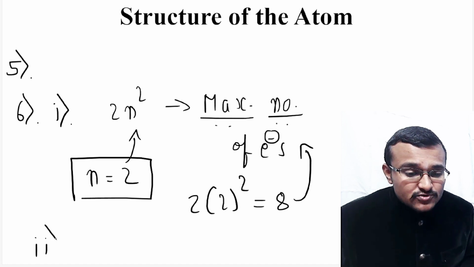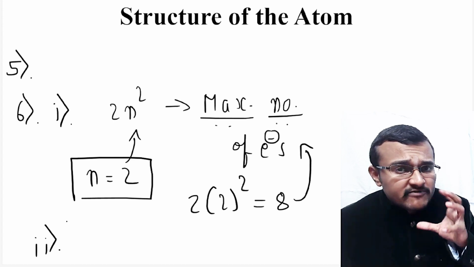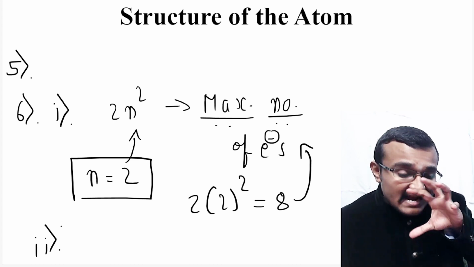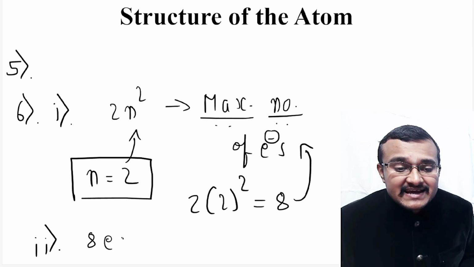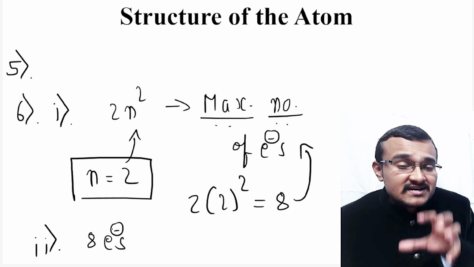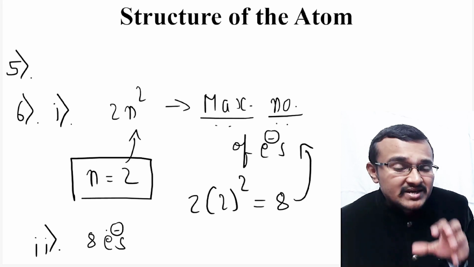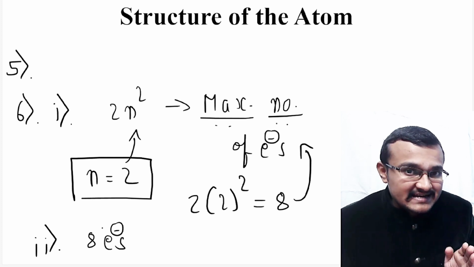Coming to the second rule of electronic configuration. If you are considering the outermost orbit of an element for the first 18 elements, then that particular outermost orbit can only contain 8 electrons. That is, the maximum number of electrons which can be there in the final orbit is 8 or less than 8 electrons.